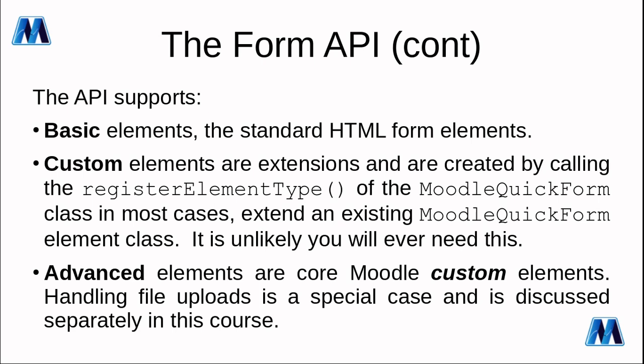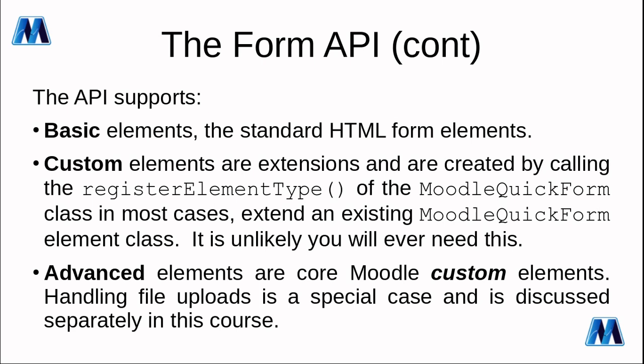There are some custom elements that kind of cover for that. Okay. So we've got custom elements, and custom elements are extensions of normally base element classes, and they are created by calling registerElementType of the MoodleQuickForm class.